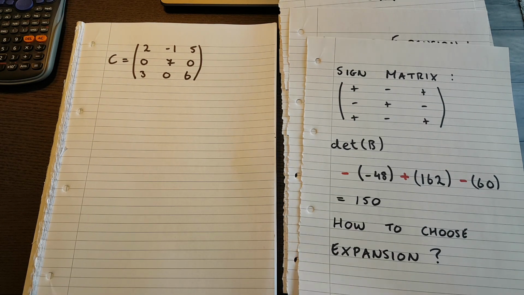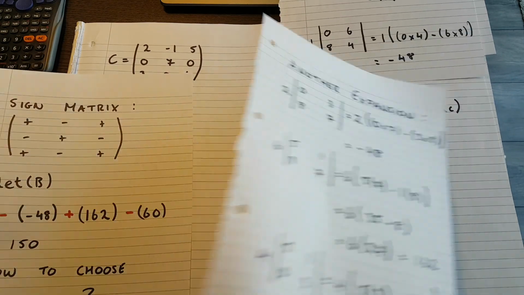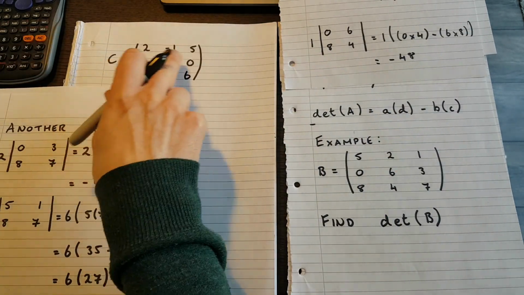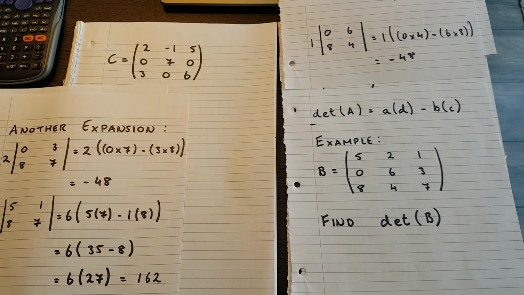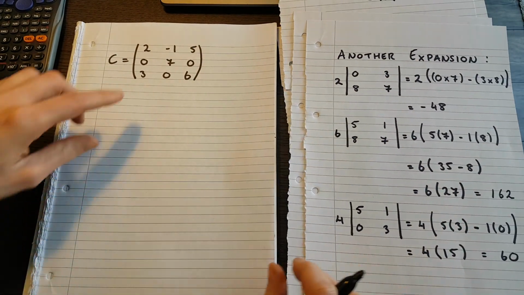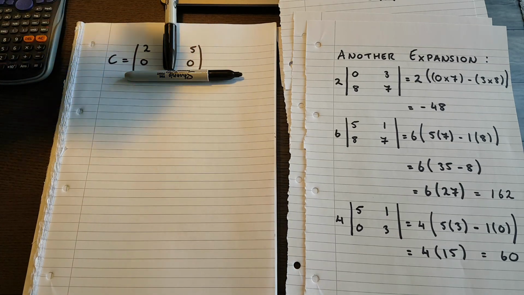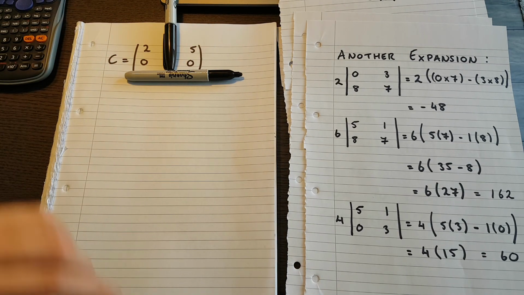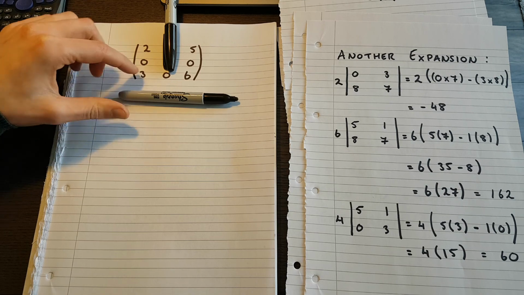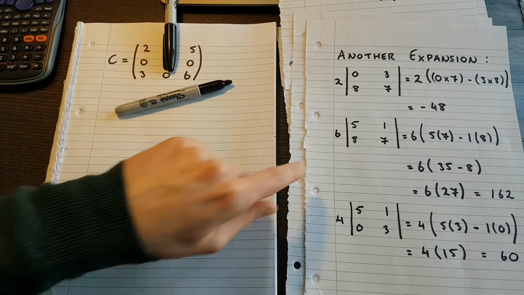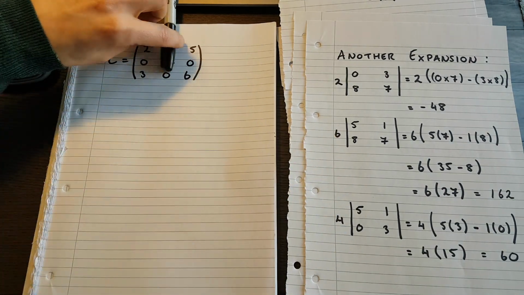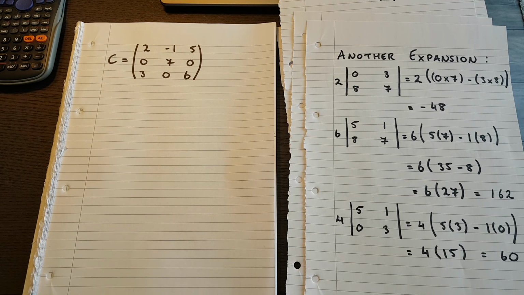Now what we notice about this matrix is that it has a couple of zeros in it. And zeros are helpful because anytime I expand, zeros don't matter. For example, say I'm expanding in this third row. It doesn't matter what happens when I get rid of the row and the column, because I'll be multiplying it by a 0, so whatever I get is going to stay as 0.